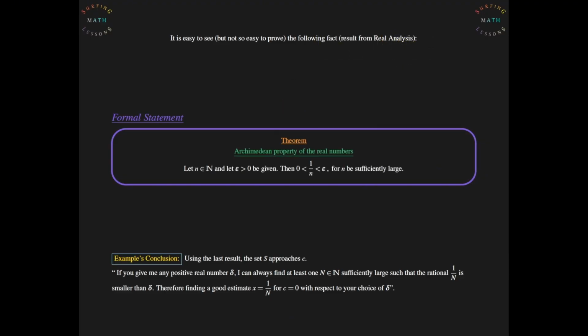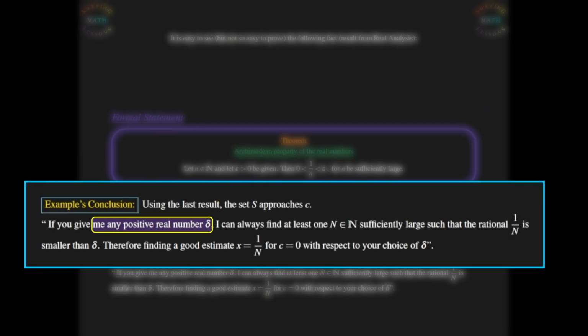Theorem: the Archimedean property of the real numbers. We can always make the number 1 over n as small as we wish by making n be a sufficiently large natural number. With this result at our disposal, we can complete the example as follows. Let delta be any positive real number.